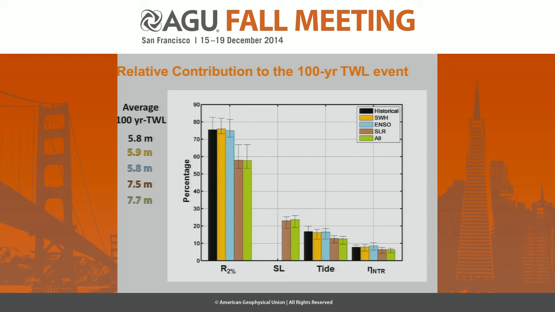So really what we're trying to get at here is not only look at how the climate and future changes in climate can impact the spatial distribution of total water levels on the coast, but also how all of these different parameters that are influenced differently by different climatic forcings might change and really start to tease out what could be the most important climate changes for this region for these parameters.